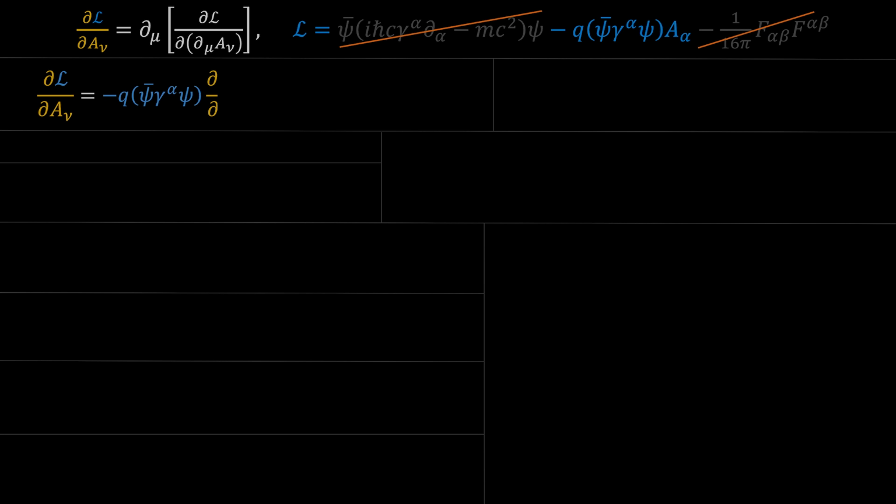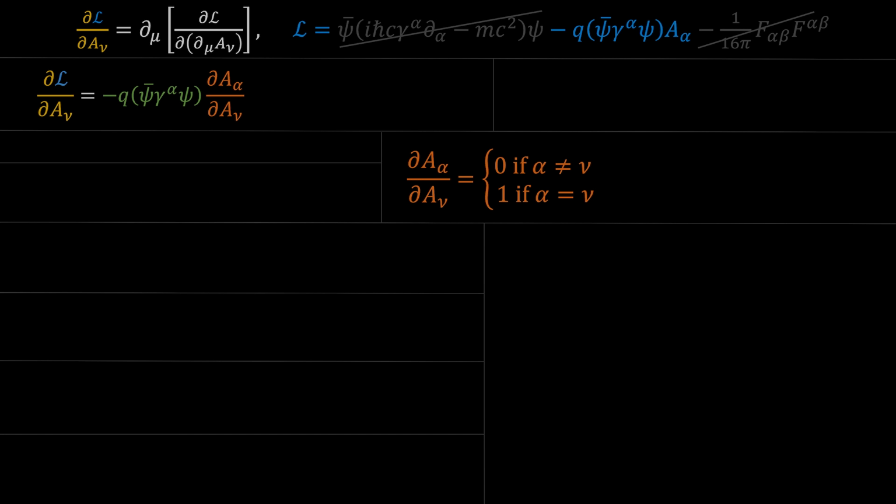And so if we evaluate this partial derivative, we can go ahead and pop that constant outside the derivative, and then we just have the partial derivative of the alpha component of A with respect to the nu component of A. Now, a partial derivative like that can only be one of two things. First of all, it's zero if alpha and nu are different. So if you're taking, for example, the partial derivative of the x component of A with respect to the y component of A, that's zero, because those are two totally different things, so there's no derivative there.